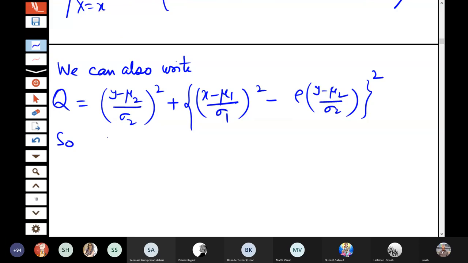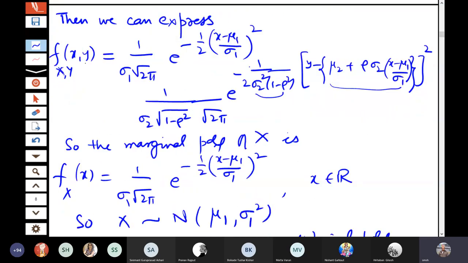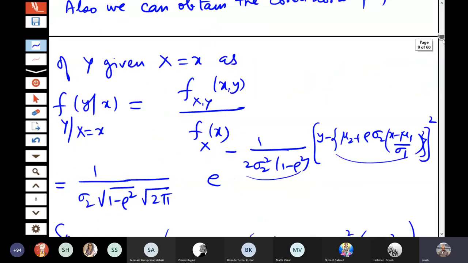So this particular term that I wrote, that is the joint density of x, y split into two parts, I can again do the same thing.